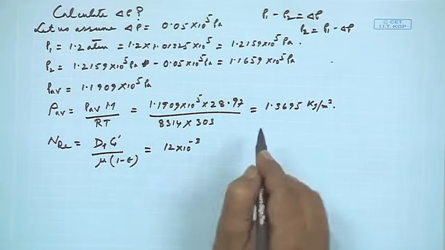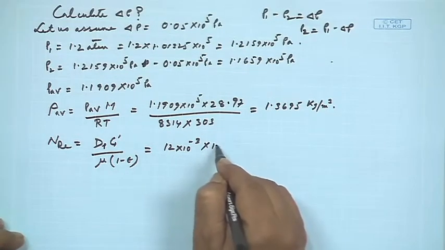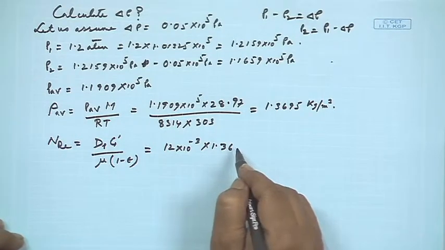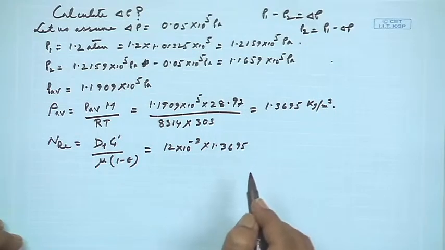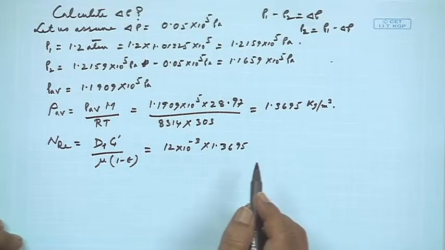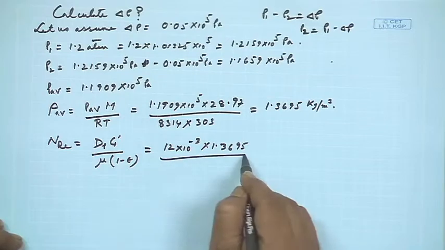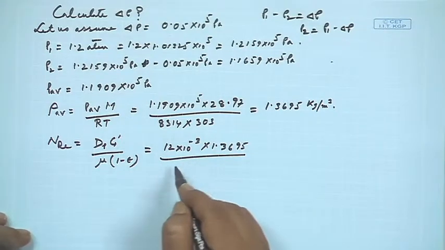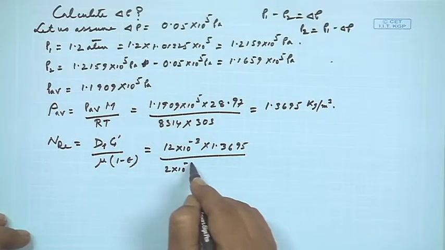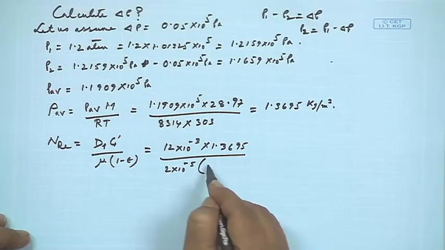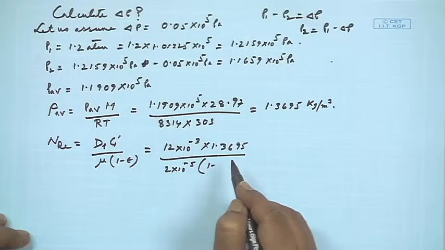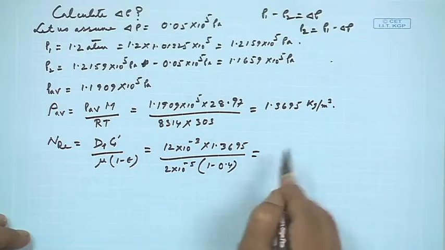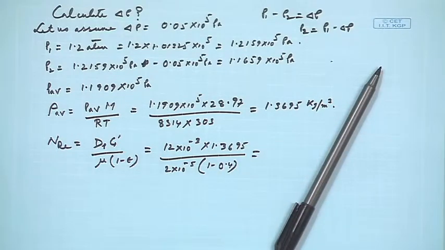Into this G prime is 1.3695, right? And mu given was 2 into 10 to the power minus 5, into epsilon given was 1 minus 0.4, right?